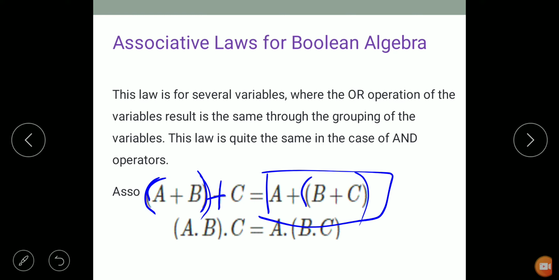Likewise, a dot b in a bracket then dot c, we can also change the order to a dot, in a bracket, b dot c. There is no effect on the output. This is called the associative laws for Boolean algebra.